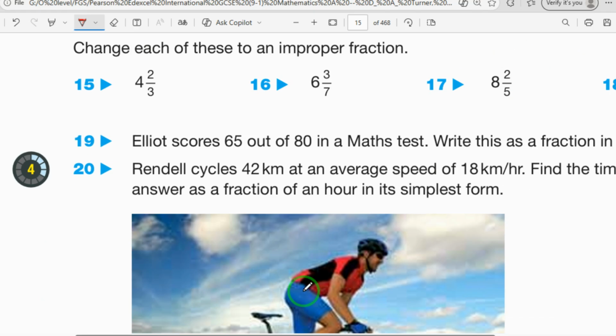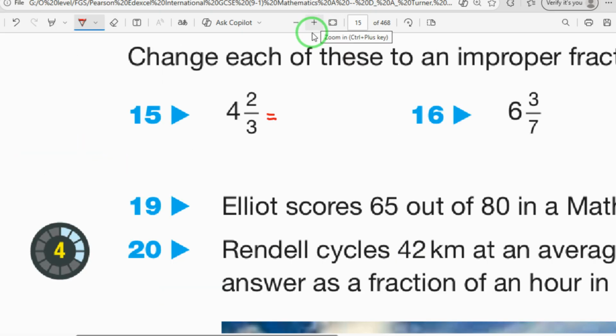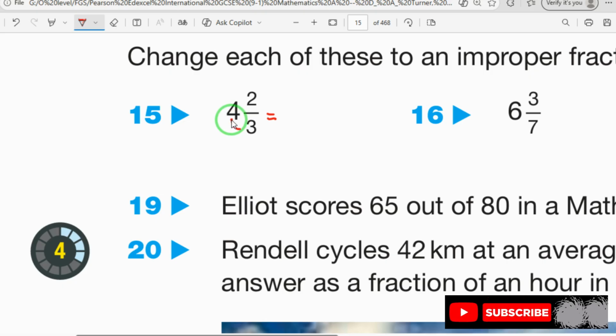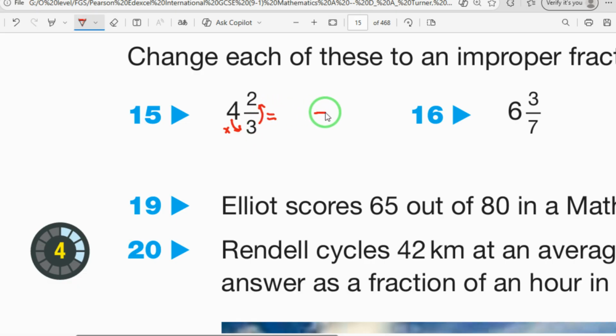We come to question number 15. It's the next part. Change each of these to an improper fraction. How do we convert to an improper fraction? Here we multiply the whole number 4 by the denominator 3, then add the numerator.